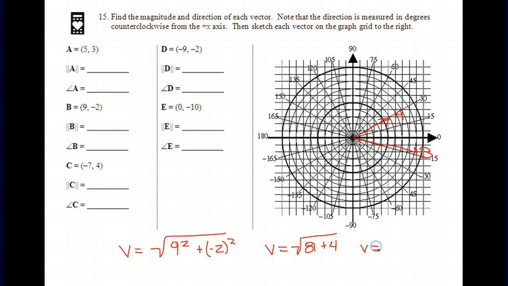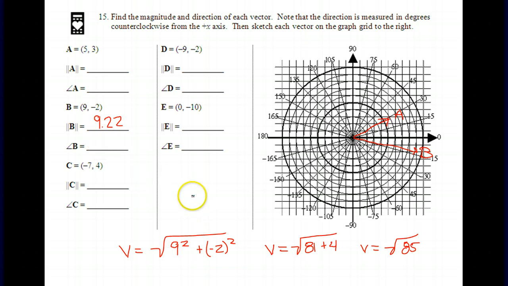So this should be the square root of 85. And when you do the square root of 85, what do we come up with? 9 point something, right? 9.22. Okay. So 9.22.